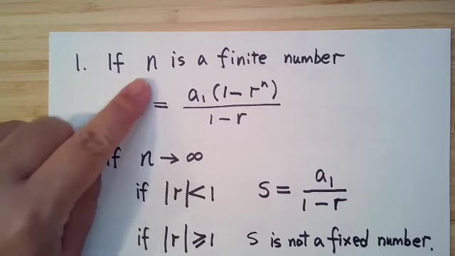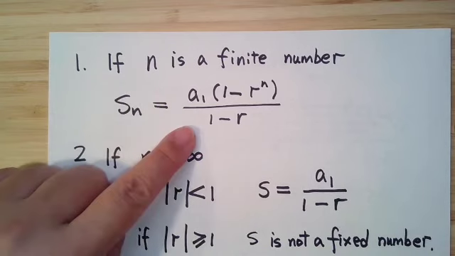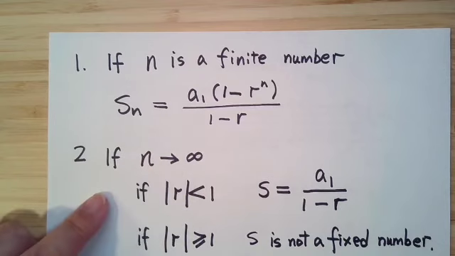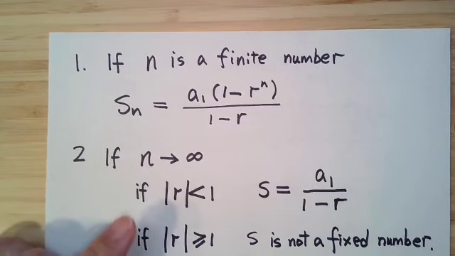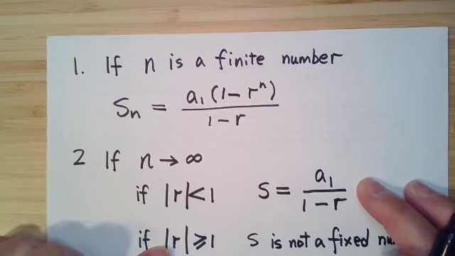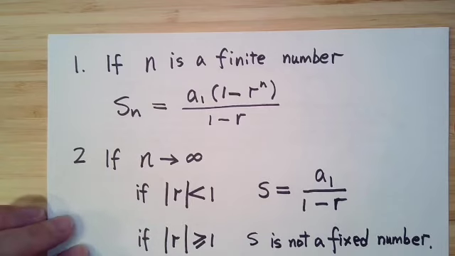The first one, we look at whether it's a finite number, so we look at Sn. Or if n goes to infinity, which is an infinite sequence, then we look at the absolute value of r. If the absolute value of r is less than 1, we use this formula. If the absolute value of r is greater than 1, then we cannot do it. We just say S is not a fixed number, and that'll be good.